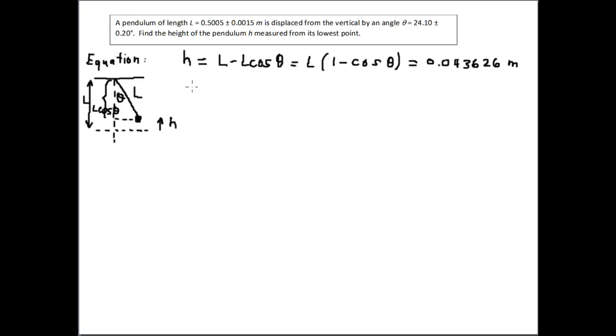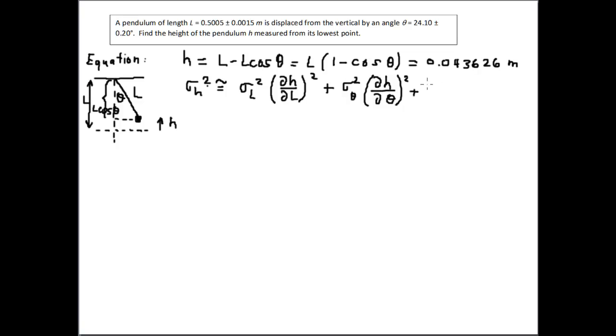So using the equation that's given in the Bevington and Robinson textbook, we know that sigma h squared can be written as the sum of several terms, and this is a bit of an approximation. So we'll have the error in L squared times the partial of h with respect to L, quantity squared, plus then the error in theta squared multiplied by the partial of this function h with respect to theta squared.